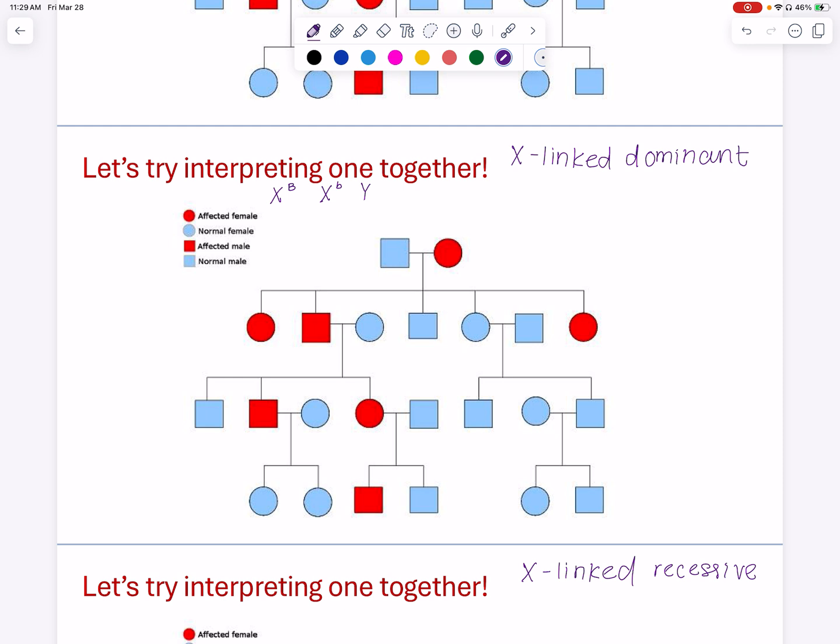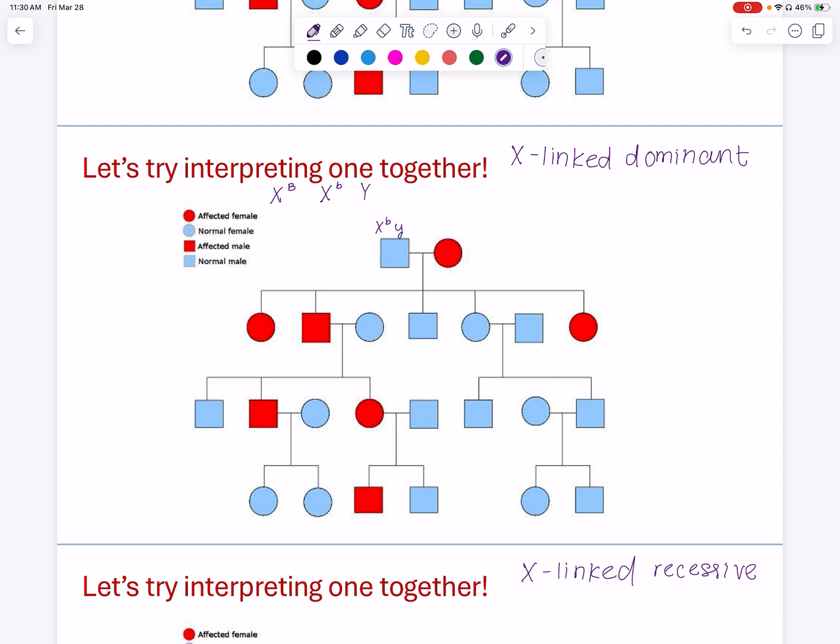For example, at the top of our page, we have a normal male. And what that would mean in this instance is that they do not have the trait, and so they would end up being X little b Y for their genotype.